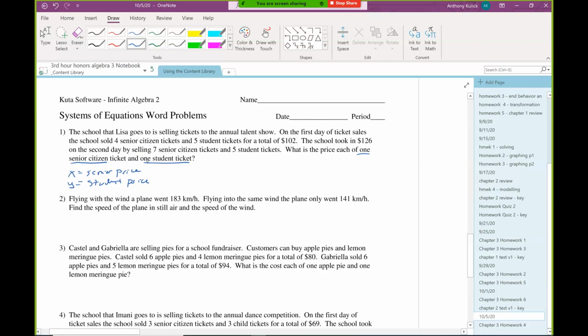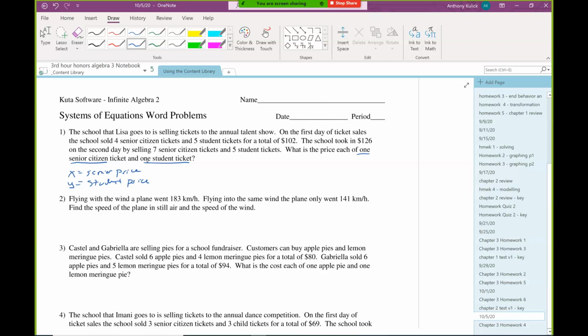So I would say, let's make X the senior price and Y the student price. And I like to write those down so I don't forget. Normally I would pick letters that would be easy for me to remember which one is which, but since both of those start with S's, I didn't feel like using S and then capital S or something. It felt like a dumb idea since they look identical. So I just did X and Y.